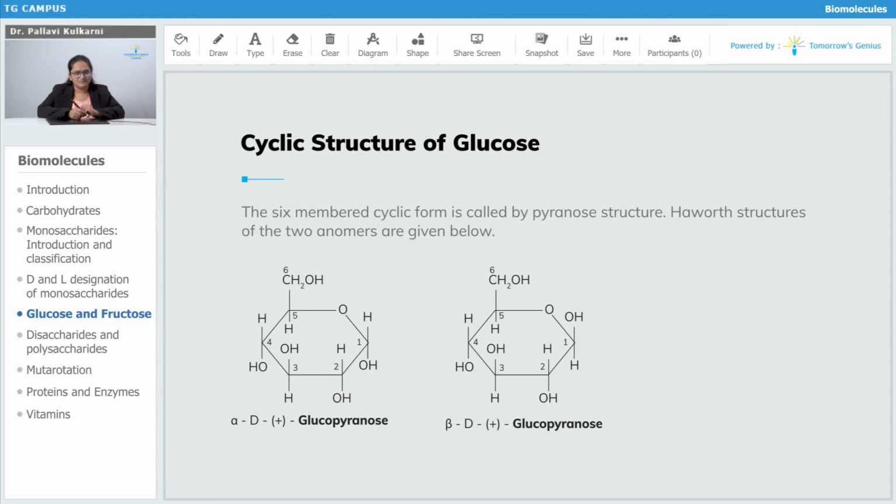Let us have a look. I am going to highlight again the position of the hydroxyl group on the anomeric carbon atom, which is nothing but carbon number 1. For the alpha form, the OH group is downwards, whereas in case of the beta form, the OH group on the anomeric carbon atom is upwards. That is the basic difference between the alpha and beta anomeric forms.